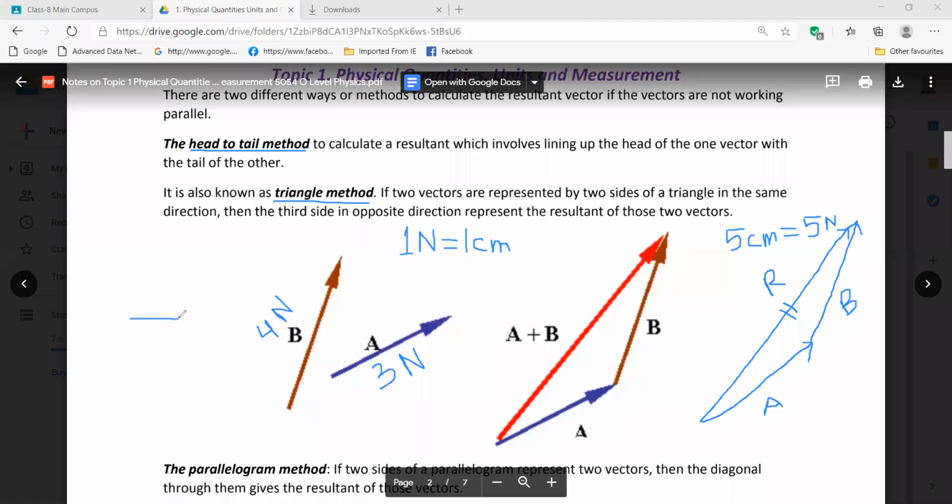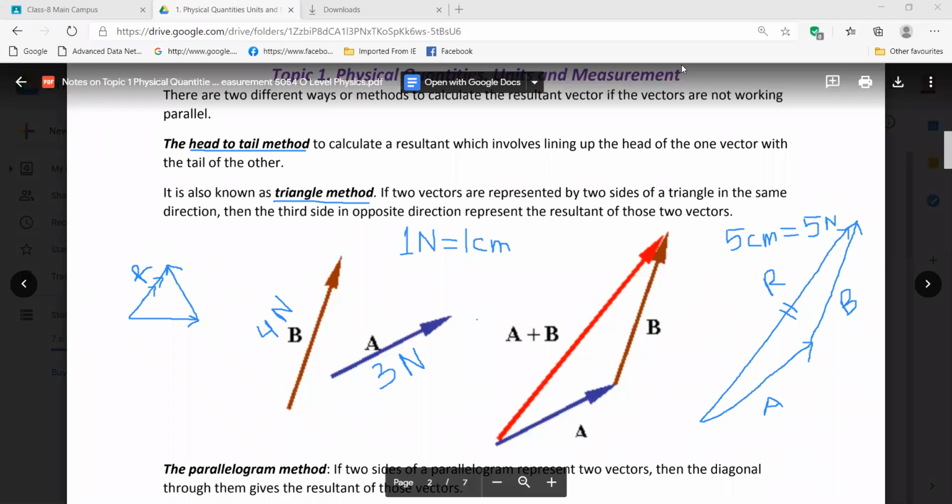Like I am showing you with another diagram like this one. For example, the triangle is like this. One is this side, another side is this one, working in the same direction. Then the third side is this one, right? This side is left. So this side in opposite direction is giving you the resultant.